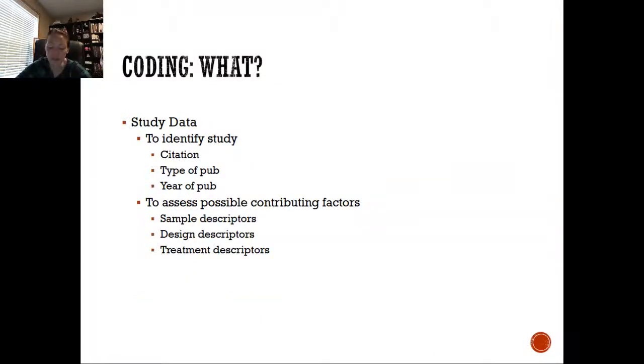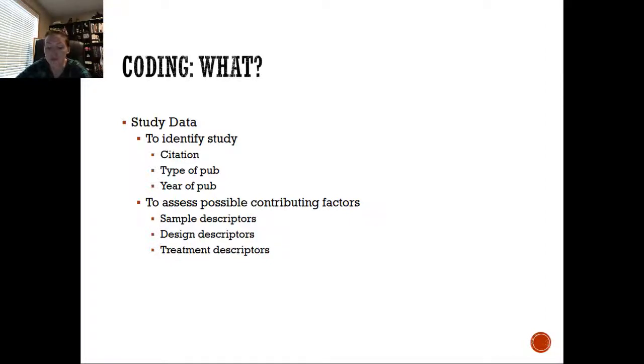So what else do we need to code? The other thing that we need to code is study data. But why? Part of this is just to be able to identify the study itself. So we need to know what studies were included in our meta. In order to do that, we need to know the exact citation, the type of publication that it is, and the year that it was published.